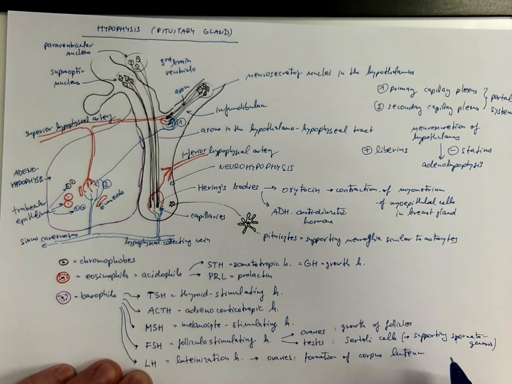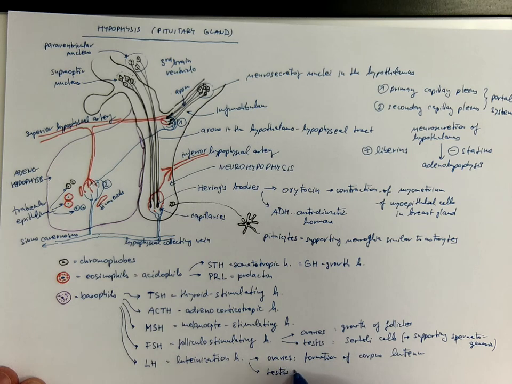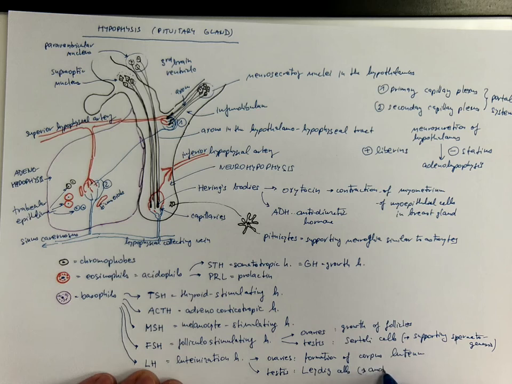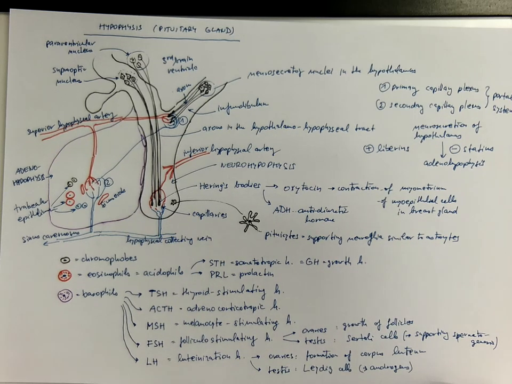The yellow body, that's a mighty producer of ovarian hormones after the ovulation. But it also has target cells in testes, where the target cells are called Leydig cells, and Leydig cells are producing androgens, right? Male sex hormones. Together, FSH and LH are known as gonadotropins.